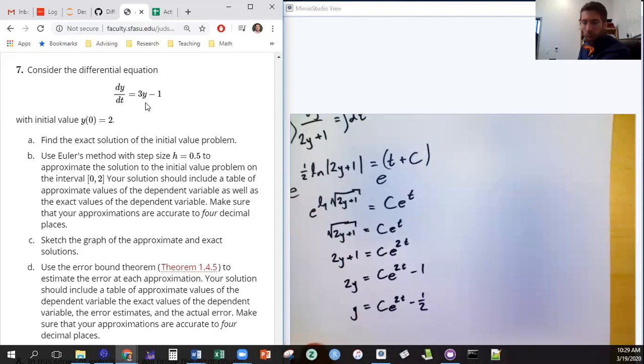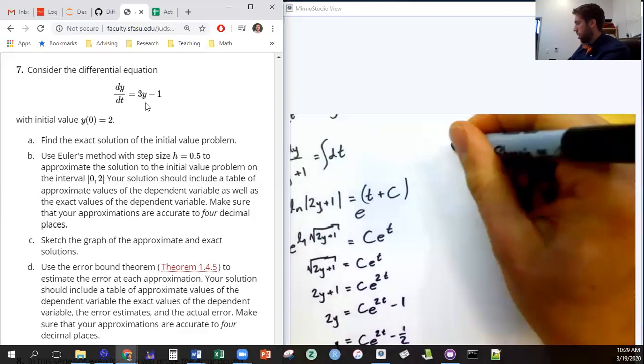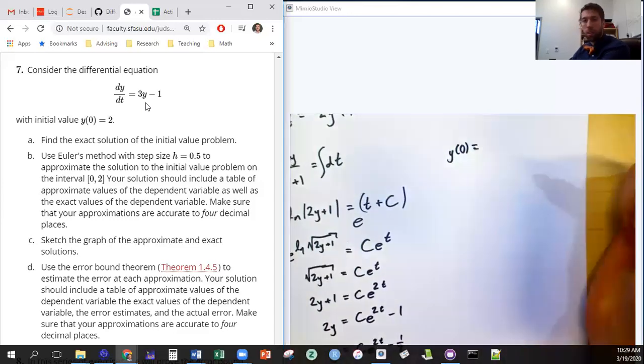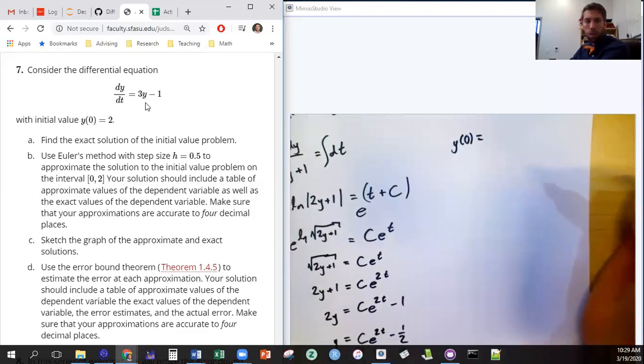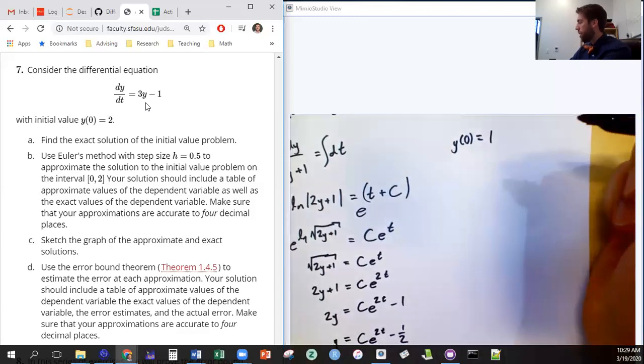And then the initial value problem, let's say my initial value problem was that y of 0 equals, what's a good initial value problem for this one? Why not 3? No, let's do 1. y of 0 is 1.